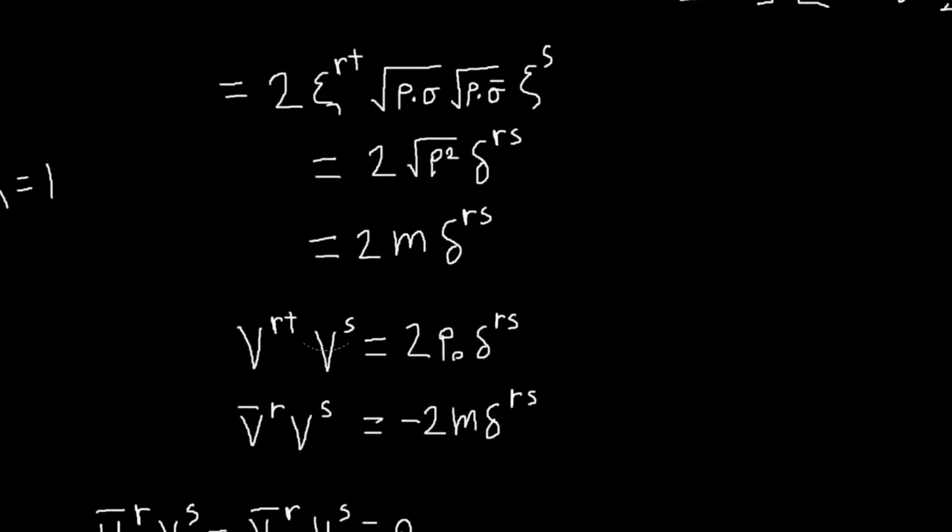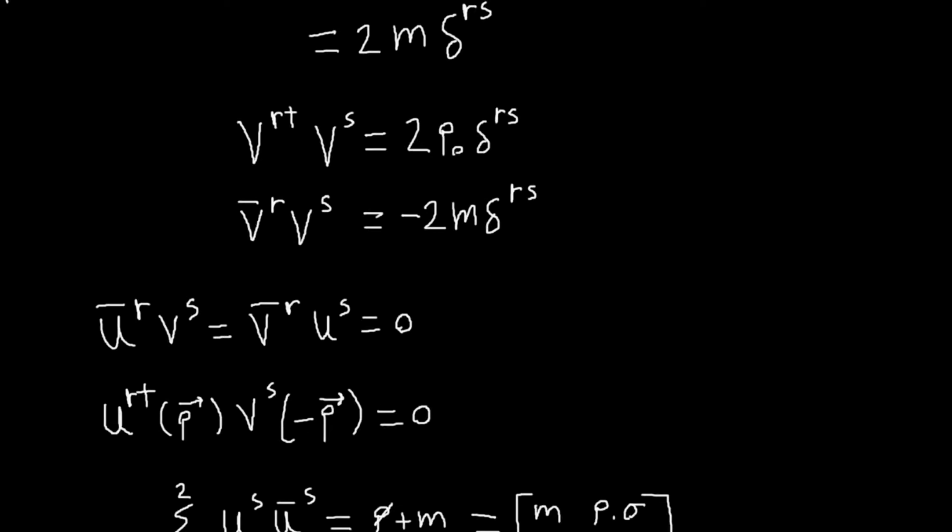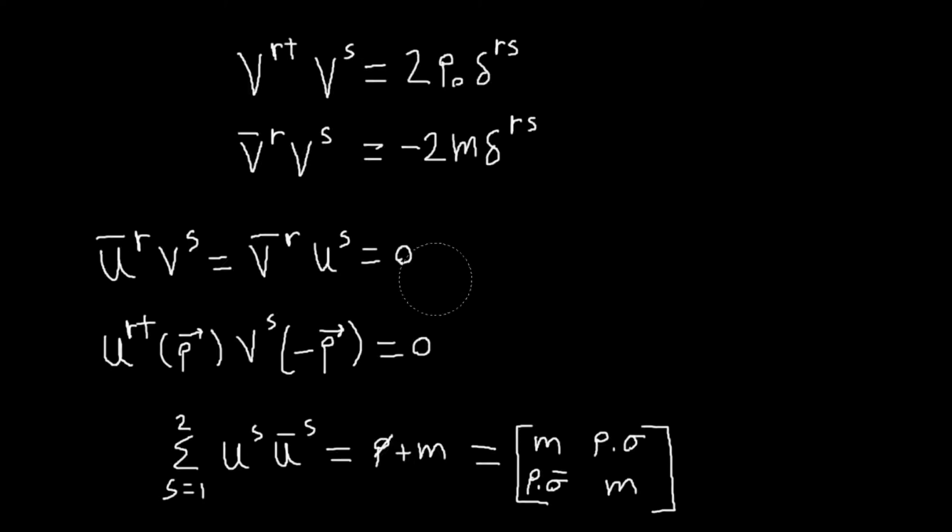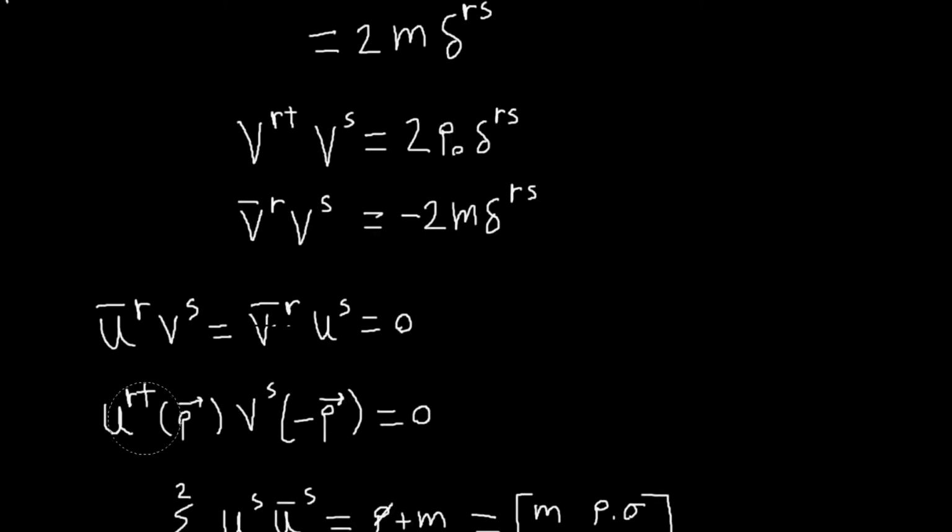And then similarly for v, I have these two relations. v dagger times v is 2 p naught delta^rs, and v bar times v is minus 2m delta^rs. And then if I do u bar and v, I get 0. And interestingly, if I do u dagger v, I get 0.